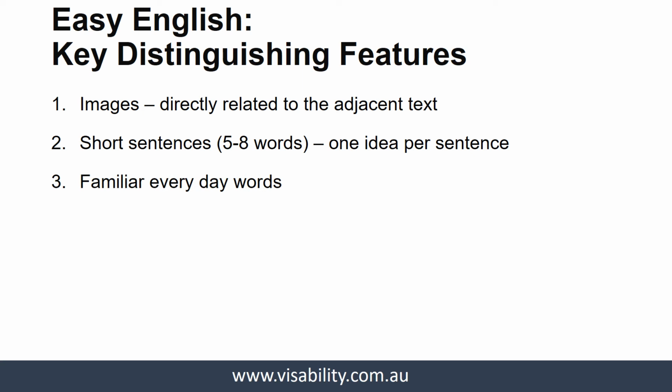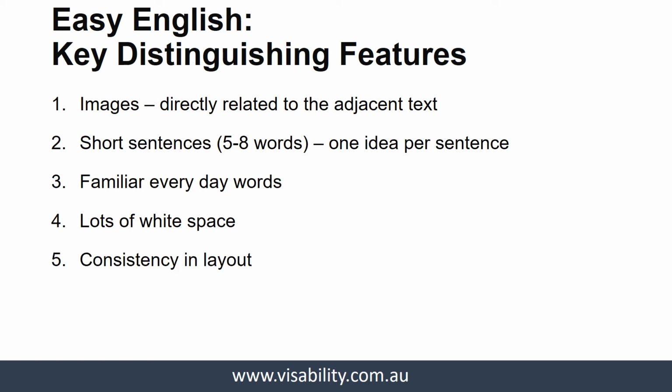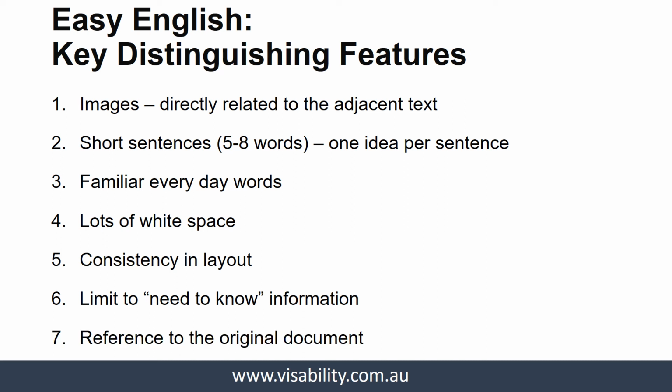Familiar everyday words that anyone sees or hears every day. Lots of white space, which equals thinking space. Consistency in layout, keeping the same structure, including spacing throughout the document. Include only need-to-know information versus nice-to-know information, keeping it to the point.